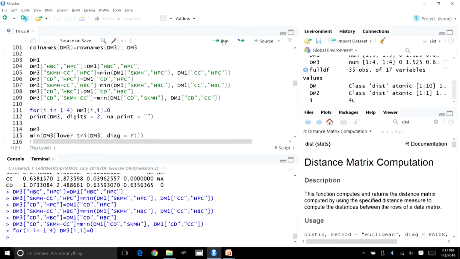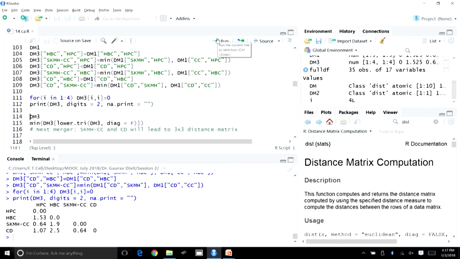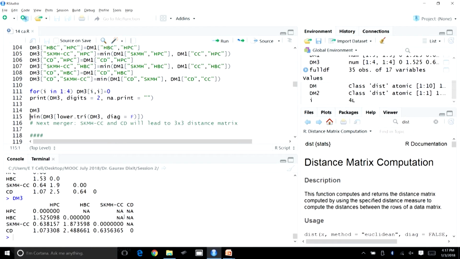Now to complete this matrix, let us run this part of the code and print it. You can see in this 4 cross 4 matrix we have all the values up to 2 decimal places. And let us look at the values with more decimal points. So this is the matrix.